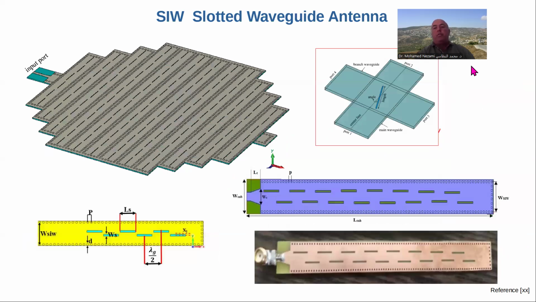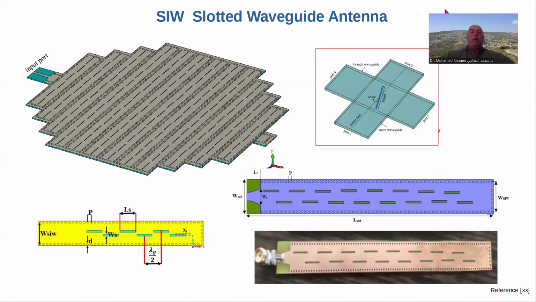Now, of course, we talked about the waveguides being a tube. Everything you do in a waveguide, you can also implement using a substrate integrated waveguide, and that's what is illustrated in here. You can construct a slotted waveguide antenna from a substrate integrated waveguide. It operates exactly the same.